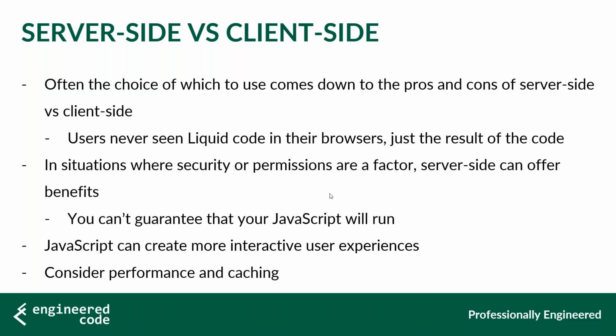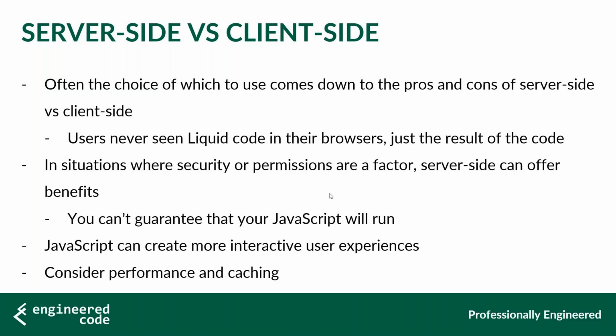From the browser's perspective, or the user of that browser, they make a request to the server. That server runs the code and responds back with the output of that code. So the user never actually sees the code that is being executed. They see the output of that code being executed.